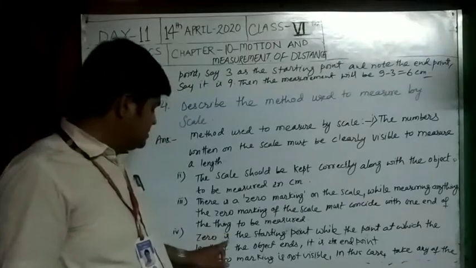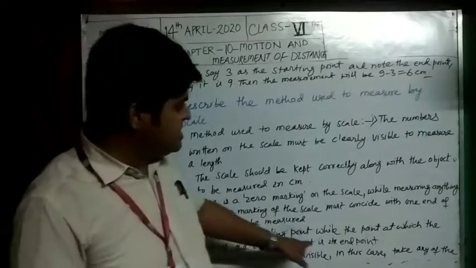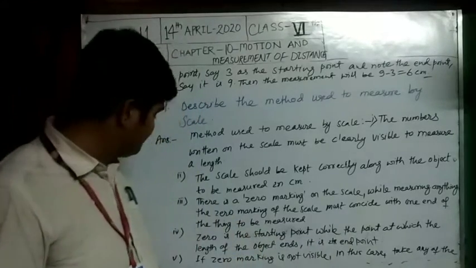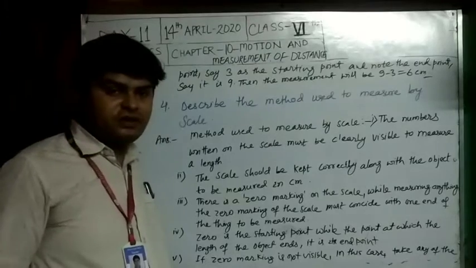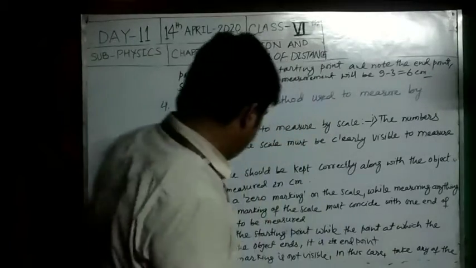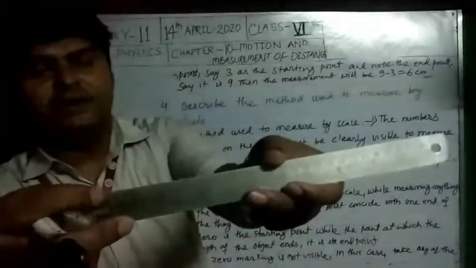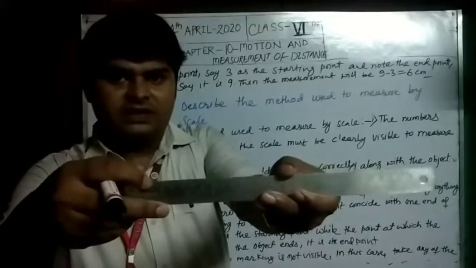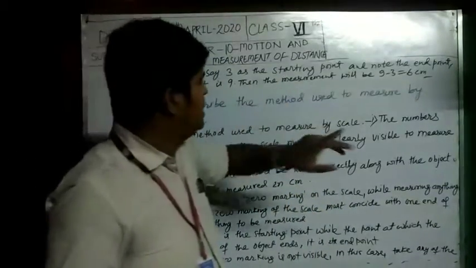Step 4, 0 is the starting point. The 0 marking is the starting point for the object, while the point at which the length of the object ends is the end point to measure. Last point, if the 0 marking is not clearly visible or the scale is broken, then take any point, say 3, as the starting point, and note the end point.